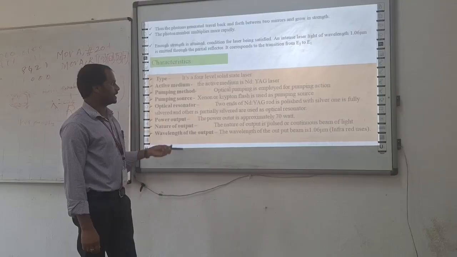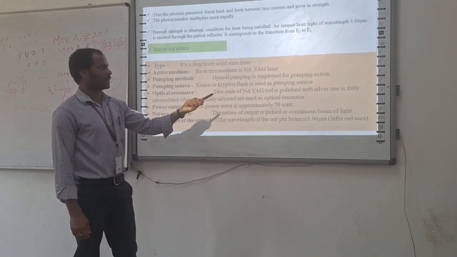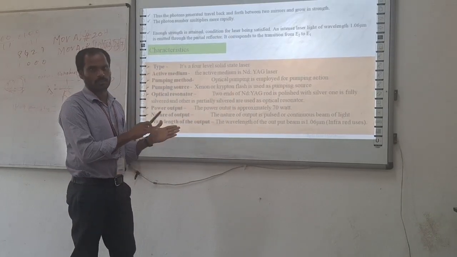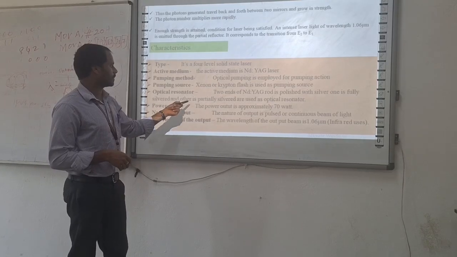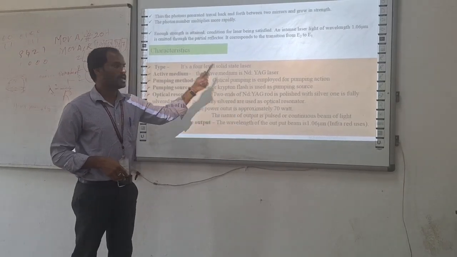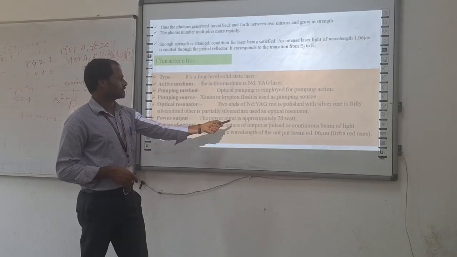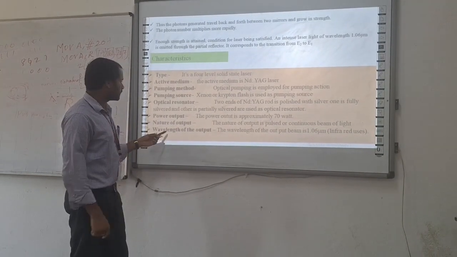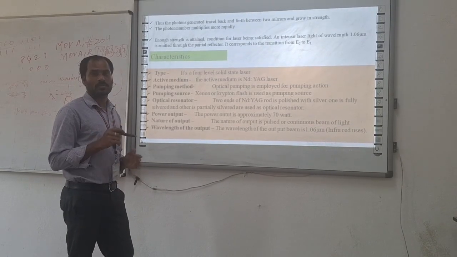The optical resonator: the two ends of the Nd:YAG laser rod are polished, one partially coated and the other fully coated, as discussed in the construction diagram. Power output: approximately 70 watt power supply is used. Nature of output: a pulsed or continuous beam of light.